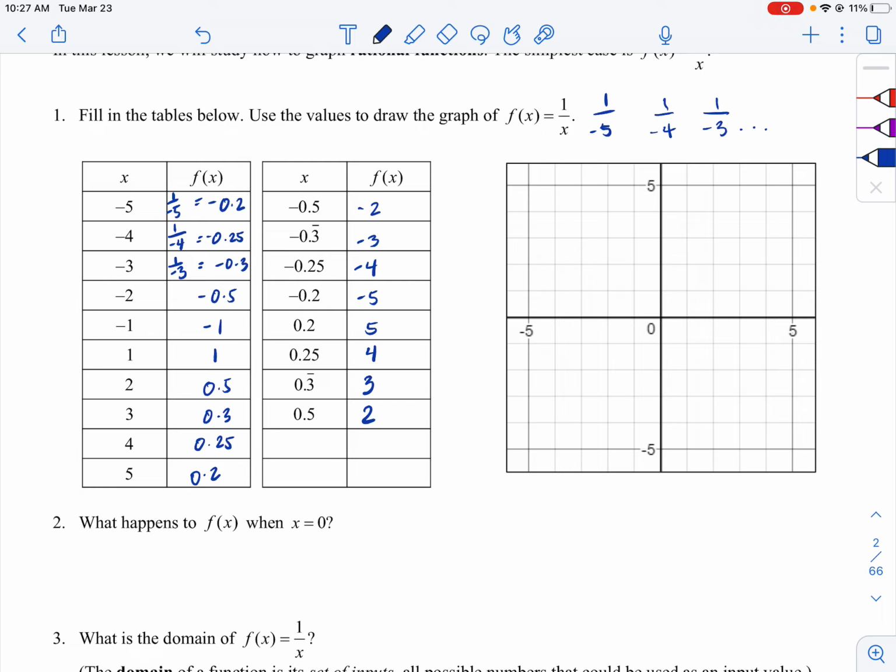I also have x values in decimals, like -0.5, -0.3. All right, so let us fill in.